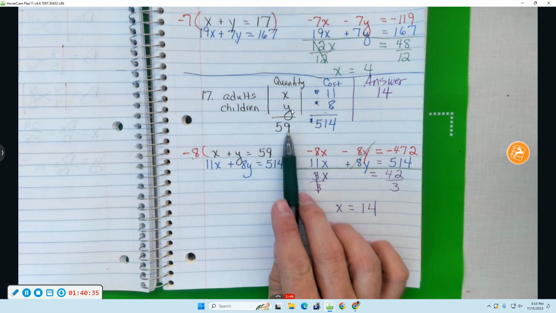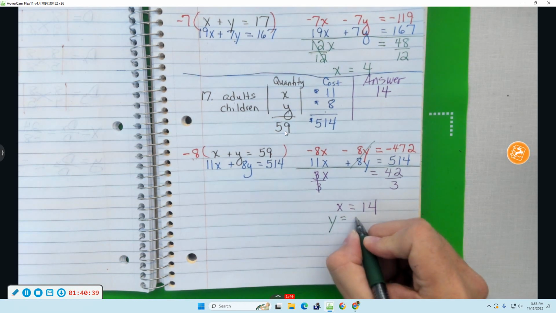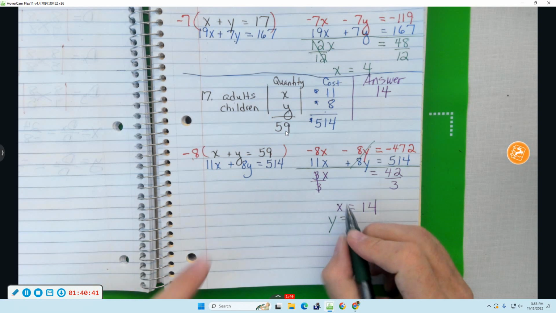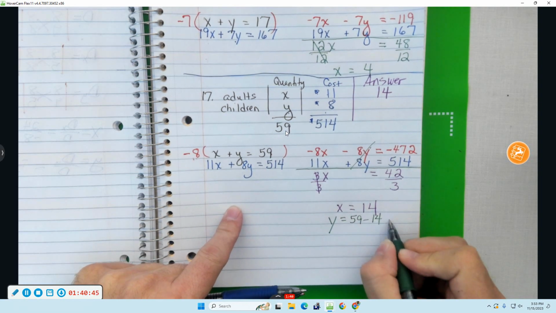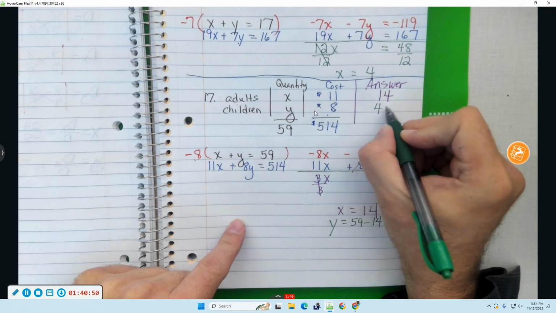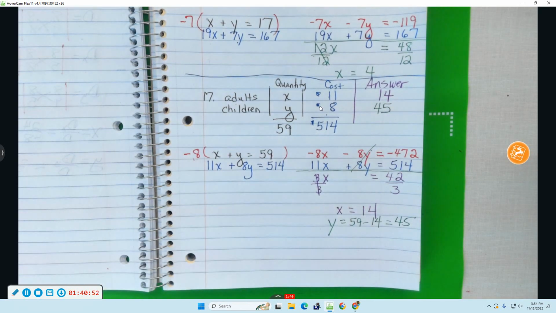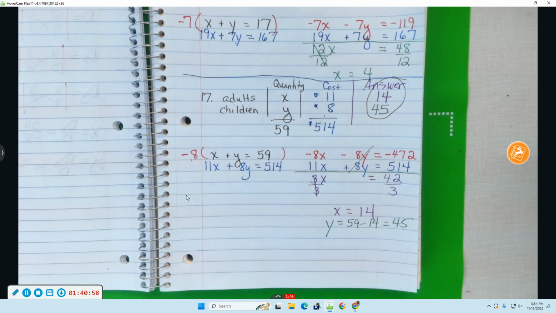Well, there were 59 altogether. So I will write out my logic on this one. The number of children would be 59 minus 14, so 45 children attended. So there were 14 adults in the theater and 45 children.